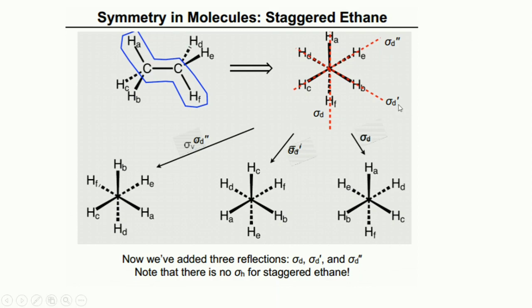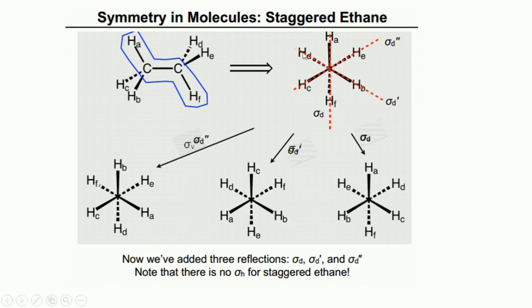So here we can see this is actually the sigma d dash. If we talk about the sigma d dash, it is actually this plane of symmetry. So HD and HB will never change, they will look similar. Here you can see that HD and HB do not change their position, because this is actually the position of the plane of symmetry. But the change will occur on this side.